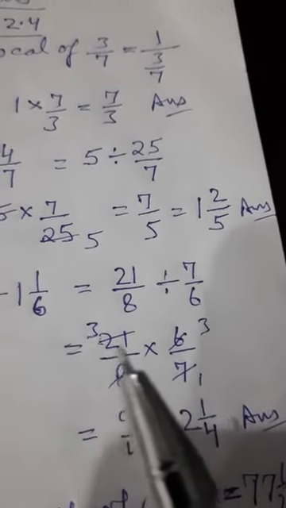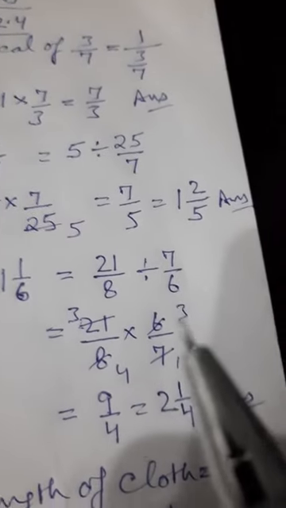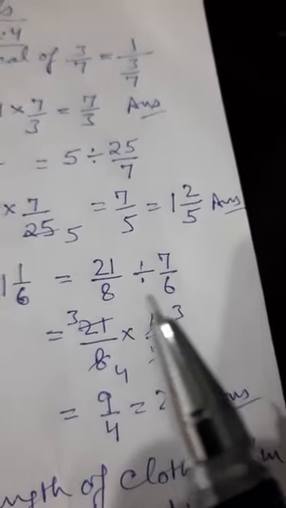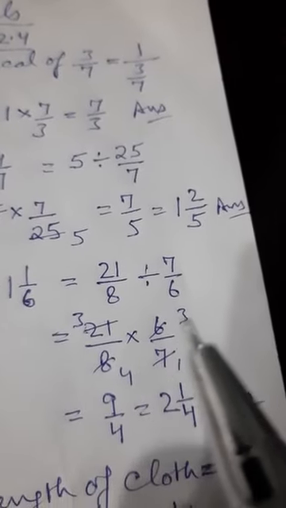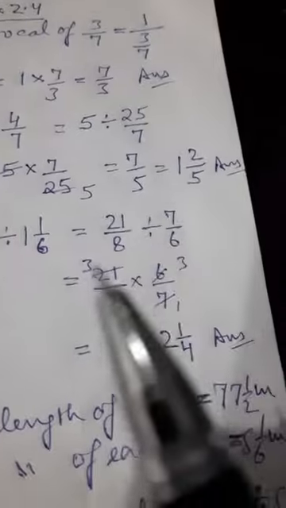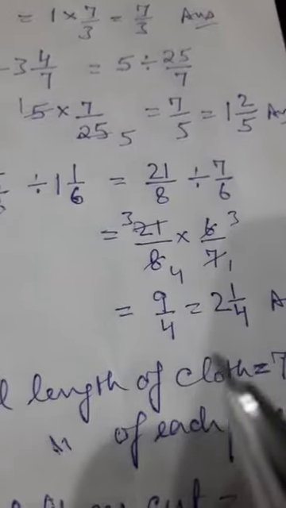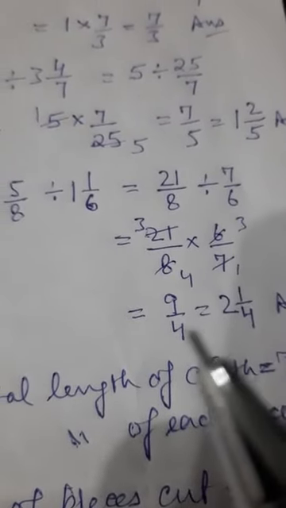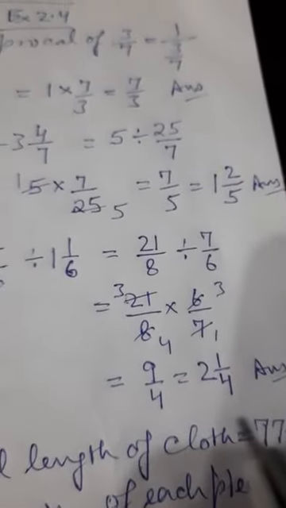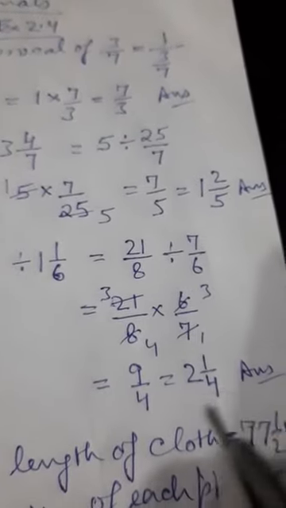So the numerator 21 by 8 will be written as it is, and this division converts into multiplication, and this denominator gets reciprocated. The 6 by 7 will simplify and bring it to the lowest terms. So it comes 9 upon 4, which is an improper fraction. So we'll convert into a mixed fraction. So the answer is 2 whole number 1 upon 4.